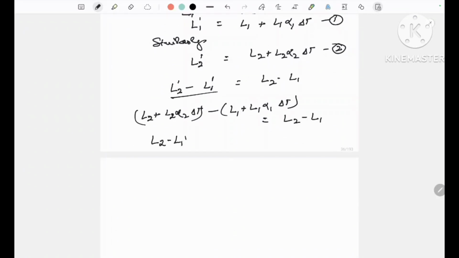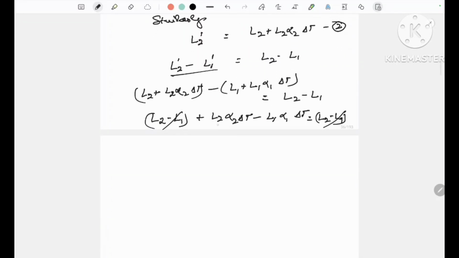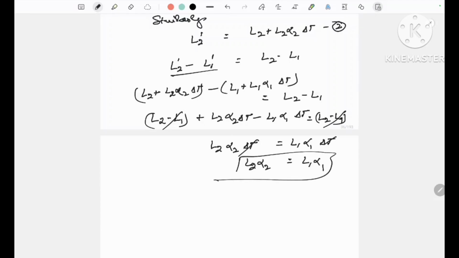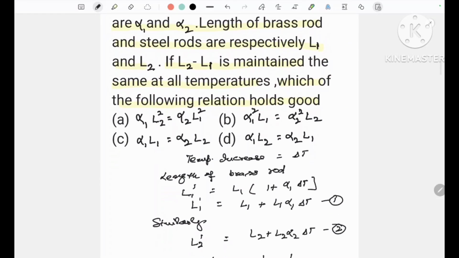L2 minus L1 plus L2 alpha 2 delta T minus L1 alpha 1 delta T is equal to L2 minus L1. L2 minus L1 cancels, so L2 alpha 2 delta T will be equal to L1 alpha 1 delta T. Delta T cancels with delta T, L2 alpha 2 is equal to L1 alpha 1. This C is the correct option.